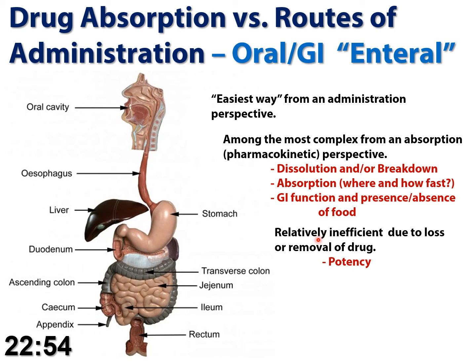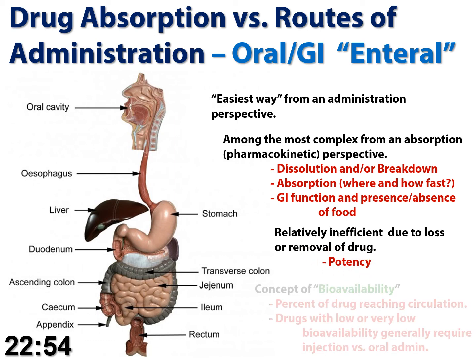The other thing about enteric delivery is that a lot of the drug is lost before it ever gets to the tissues where it might be serving its function. And that's due to the fact that the liver, it's called the first pass effect here, because the blood moves from the small intestine to the liver via the hepatic portal vein, the liver will often metabolize and remove drugs before they ever reach the tissues.